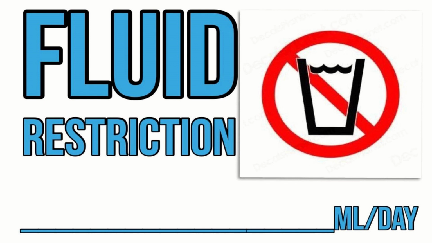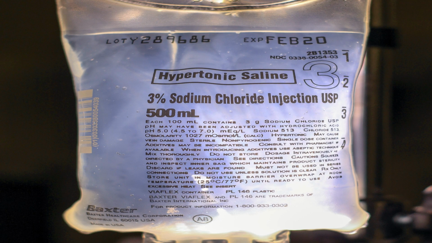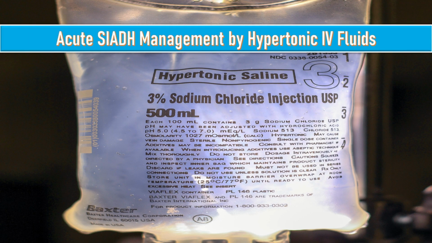Otherwise, the problem will not be solved. Patients can also start a high salt and high protein diet to help replace the excessive loss of sodium, or take drugs that inhibit ADH secretion. In cases of severe hyponatremic symptoms, hypertonic IV fluids are also administered.